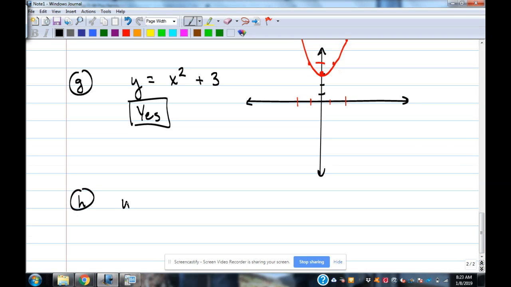One a little bit more difficult. y squared equals x squared minus 4. Are we relating x to y? There's an x and a y in there, right? So, yeah, I would say we're relating x to y.